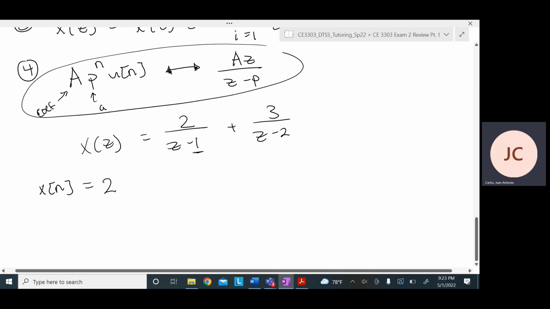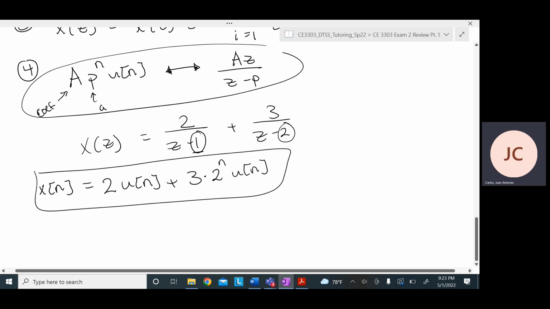Remember, it's z minus, so p is positive 1. So 1 raised to the n is just 1. So we have 2 u of n, plus 3 times 2 raised to the n. This is our p, times u of n.